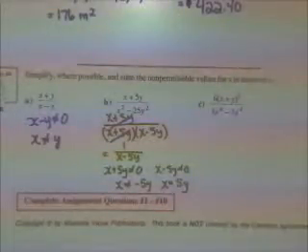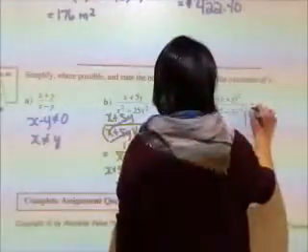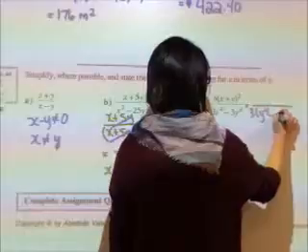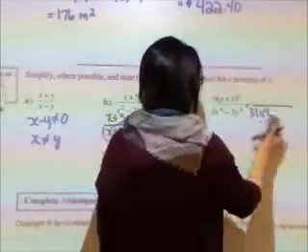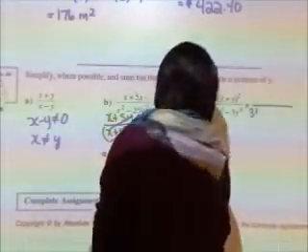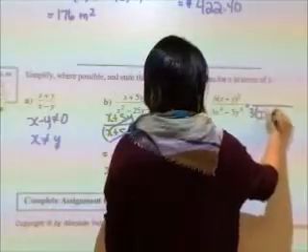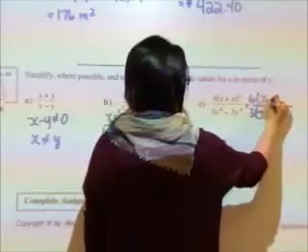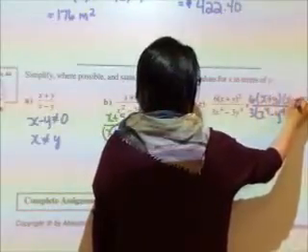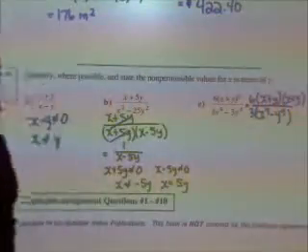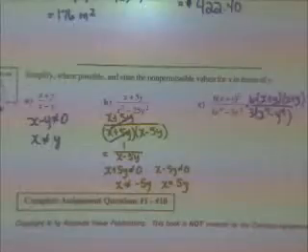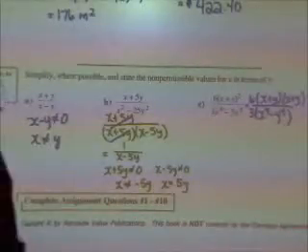So if I start off by taking a 3 out of the bottom, I get 3 times x to the power of 4 minus y to the power of 4. And then on the top, all I'm going to do is take that x plus y and write it out twice. Just so that remember, x plus y squared would mean x plus y times x plus y. What is the bottom? x to the 4 minus y to the 4.